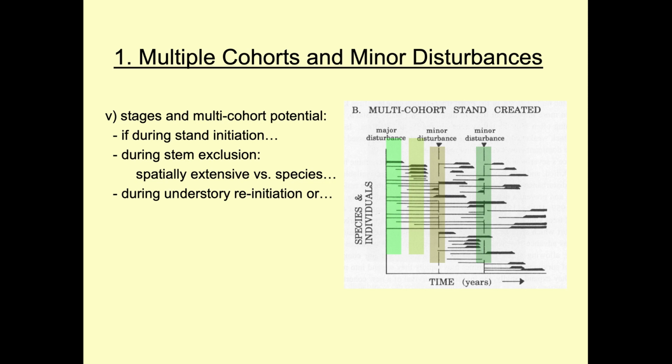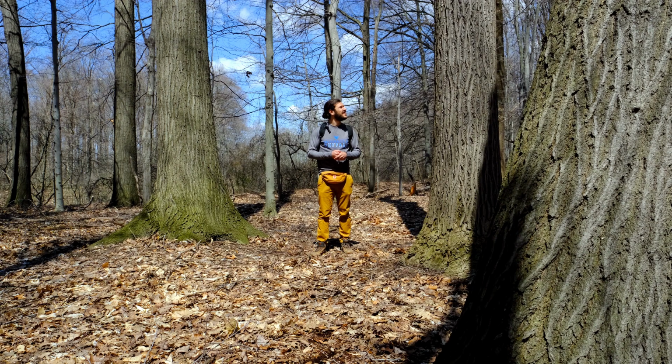So this is kind of foolproof in terms of multi-cohort stand development. If these minor disturbances are large enough, they're going to create multiple cohorts. They will open up enough space that multiple mature trees can eventually survive, again causing these multiple cohorts to develop.